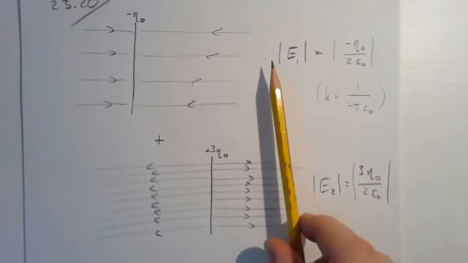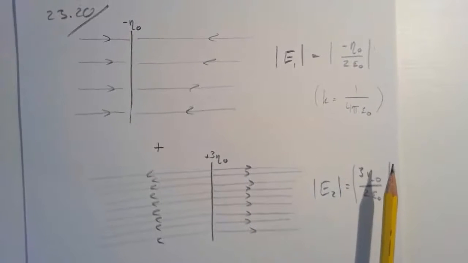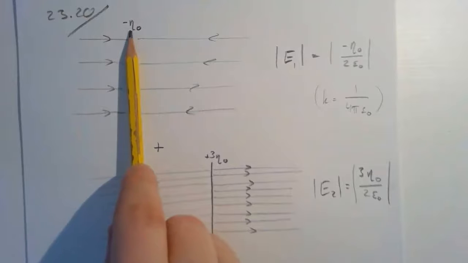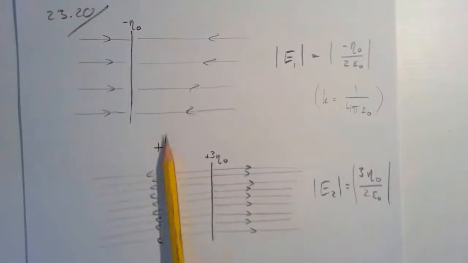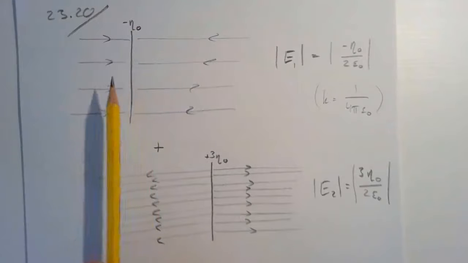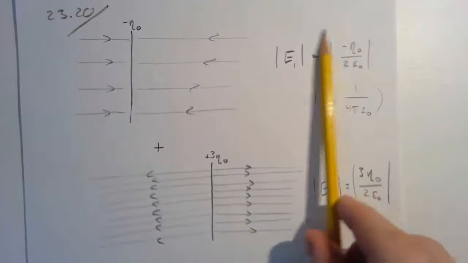Alright, so we've got this result, and now to figure out what happens when we have 2 sheets, we just add the 2 electric fields. This sheet has a charge of minus eta 0, which is just some given constant value. The electric field points inwards, and this is the field strength.